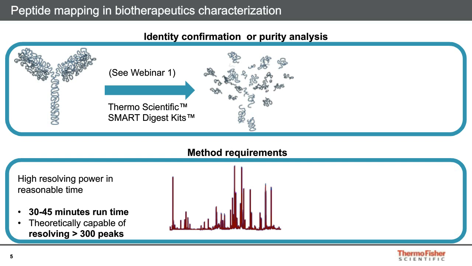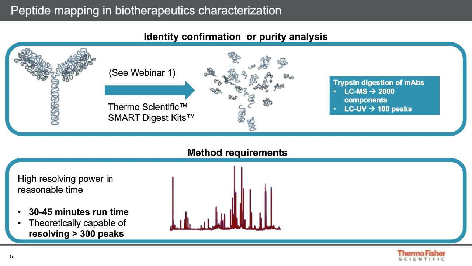So if you use a trypsin digestion and you take, for example, a monoclonal antibody, if you analyze this mixture of peptides by LC-MS, normally you will see a couple of thousand components. If you do that by LC-UV, you aim at seeing roughly 100 peaks.